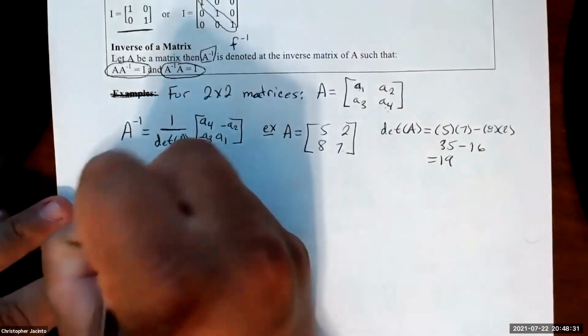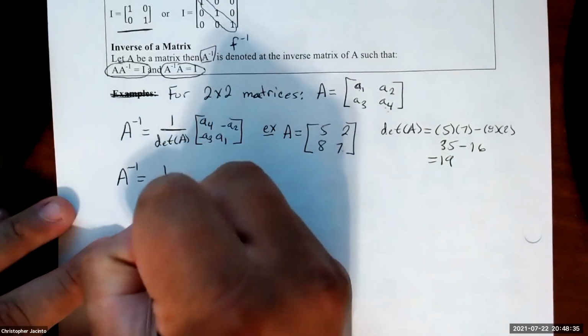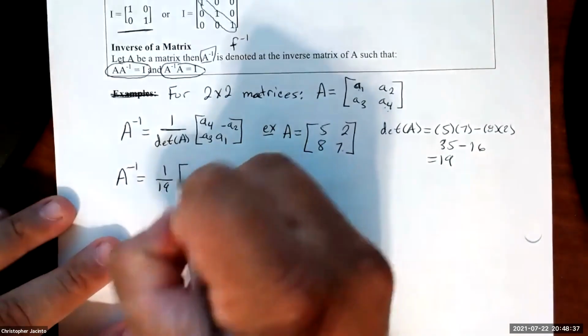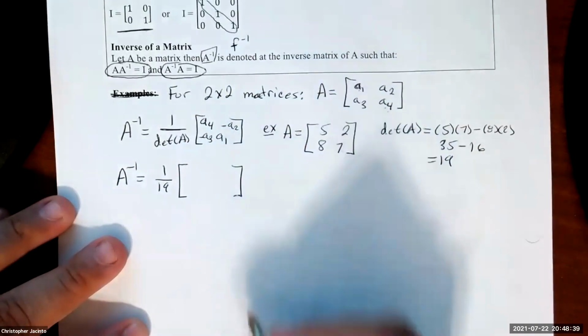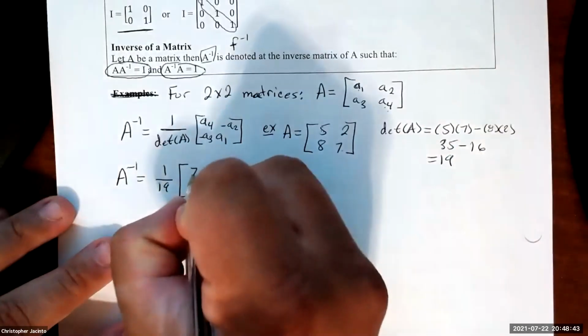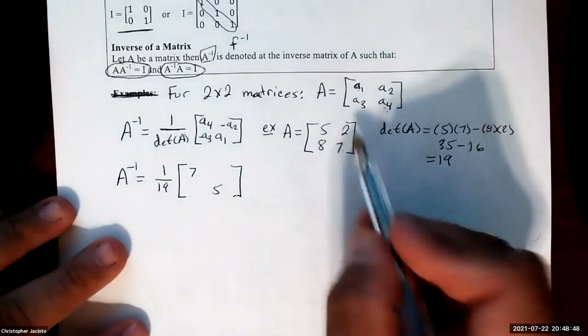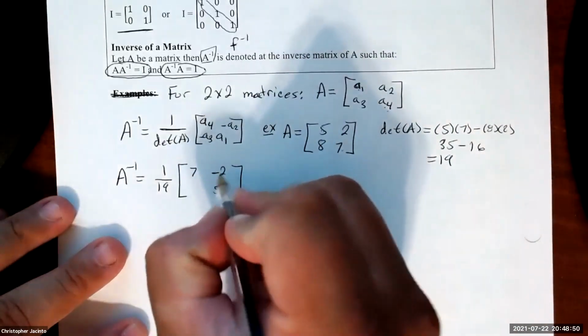Therefore, A inverse is 1 over 19 times our matrix. Again, we just swap the numbers, so now it's a 7 here and a 5 there, and put a negative in front of the others, so it'll be -2 and -8.